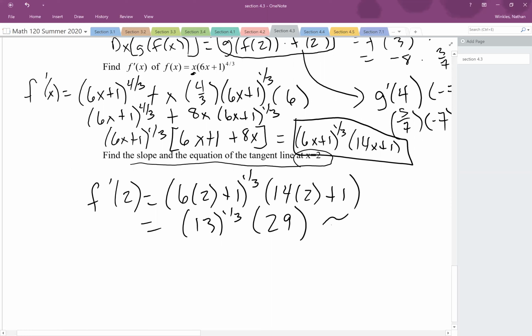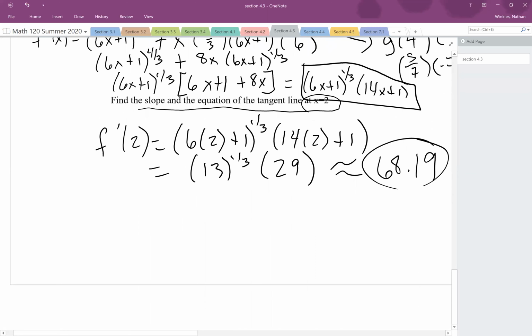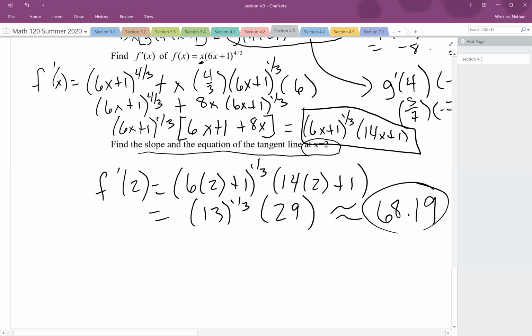If we approximate this to a few decimal places here, we get approximately 68.19, because it says we need the tangent line, so that means that we need to plug in 2.